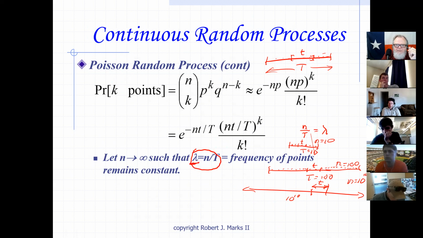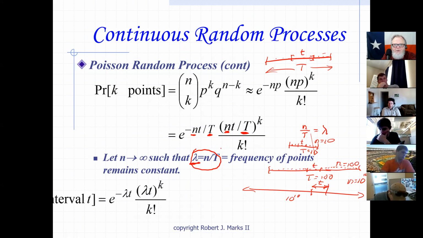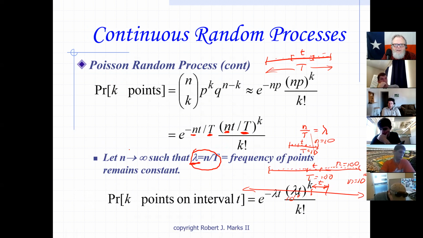Notice that we have an n over T here, and an n over T here, so both of those we're going to call lambda. Doing so gives us the probability of k points on the interval t: e^(-lambda t) times (lambda t)^k over k factorial.